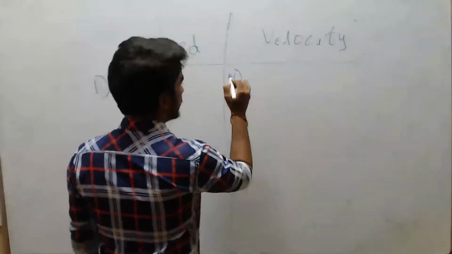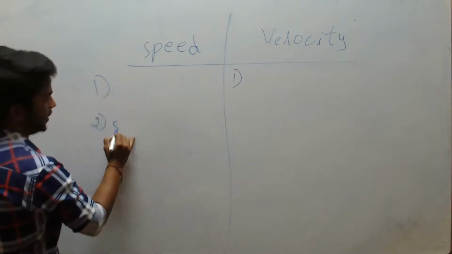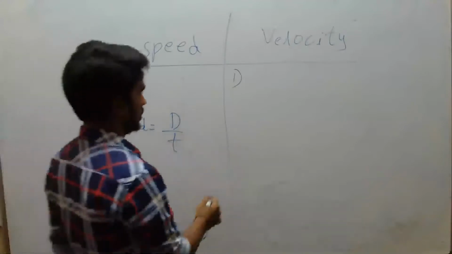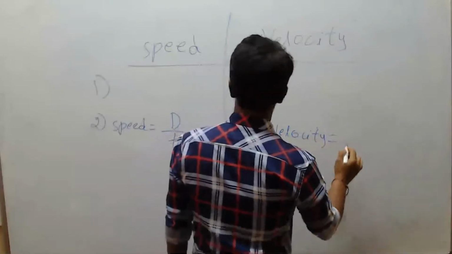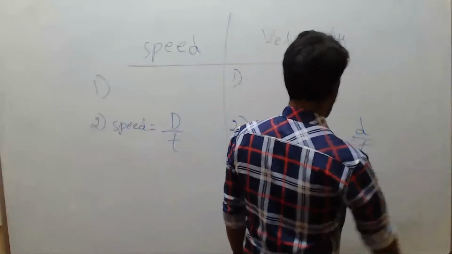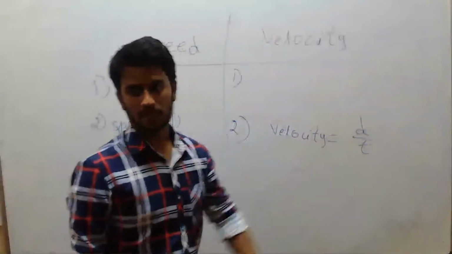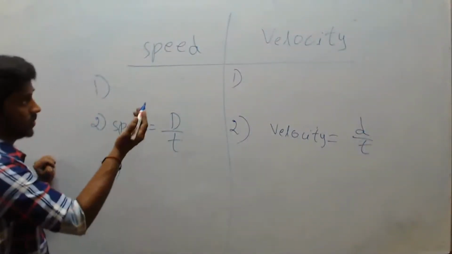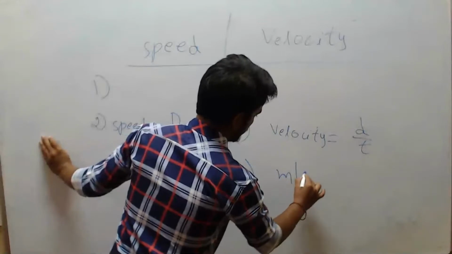Velocity is the displacement covered by an object in a given time. The formula for speed is distance divided by time taken, and for velocity, displacement divided by time. We measure both speed and velocity in meter per second.